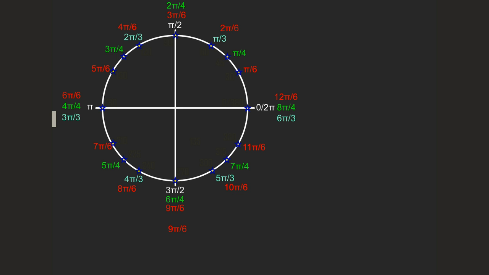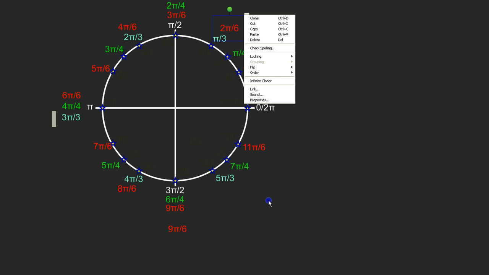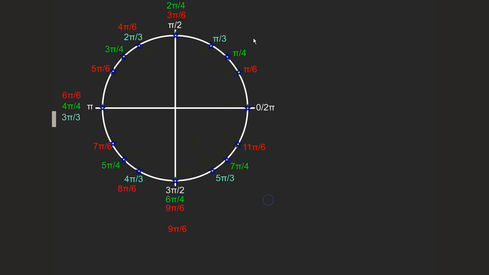I think on the next slide here, we can clean this up a little bit and get rid of some of these. We don't need all those extra ones. 10 pi over 6 is an extra. 2 pi over 6 is pi over 3, so we can get rid of that.